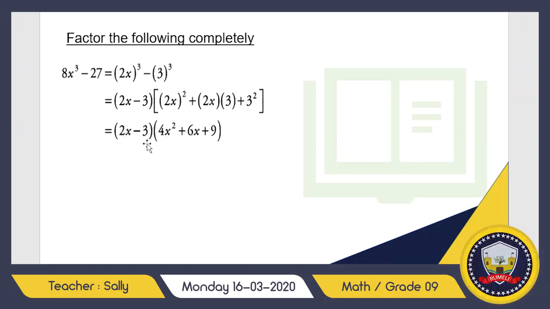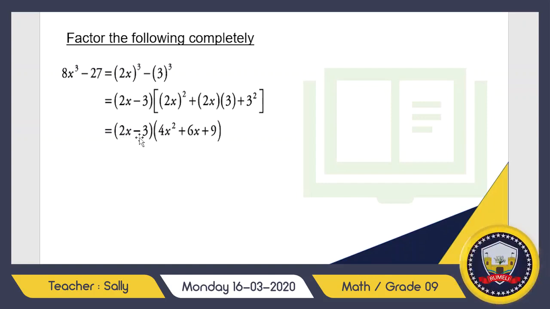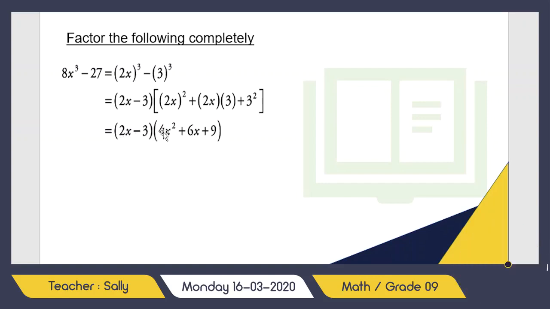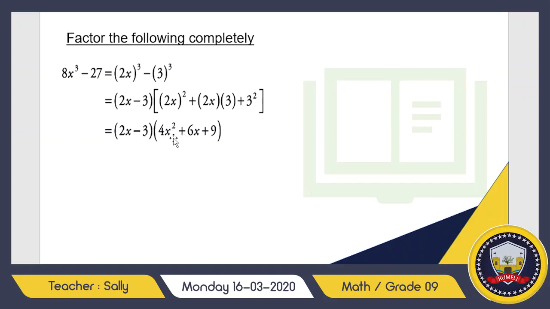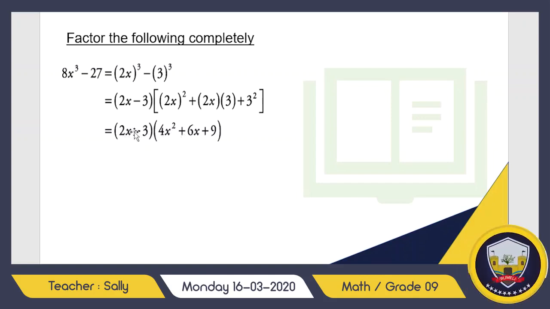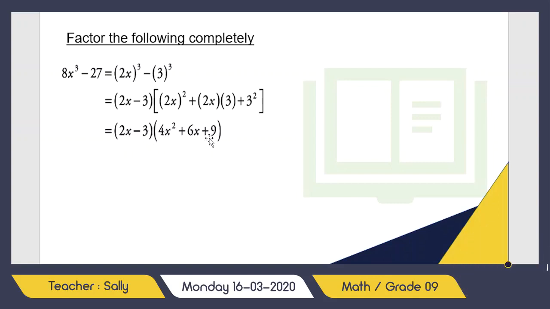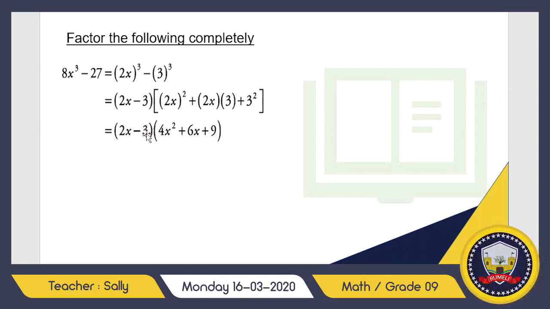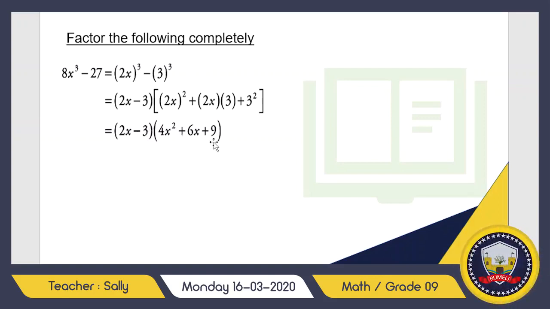So now the answer will be: the first bracket is 2x minus 3, and the second bracket is the first term squared, 4x to the power of 2, plus 6x, plus, because it takes the opposite sign of the first bracket, and I multiply 2 by 3 is 6, times x is 6x, and the last term is always positive, and it takes the square of the second term of the first bracket. 3 to the power of 2 is 9.